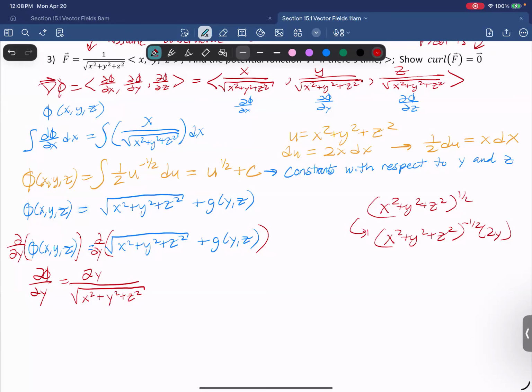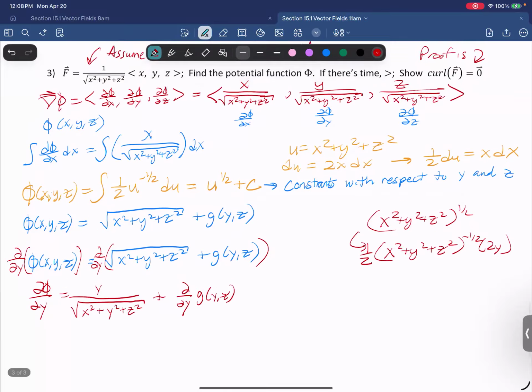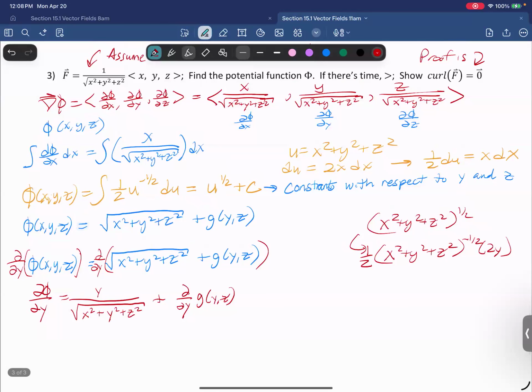And I've got to put a 1/2 out front. So that puts a 2 down here, which means those 2's cancel. And we have that. Then we have d dy of g. And that should equal this part here.